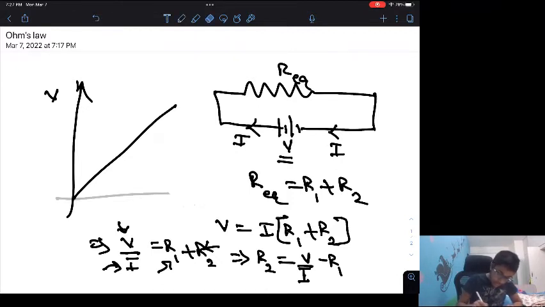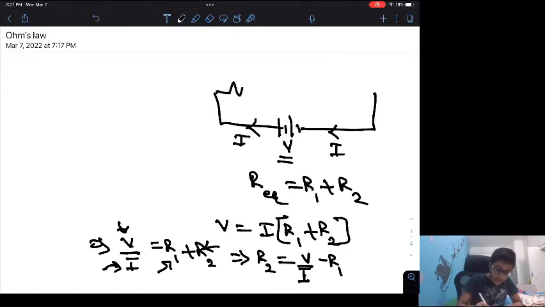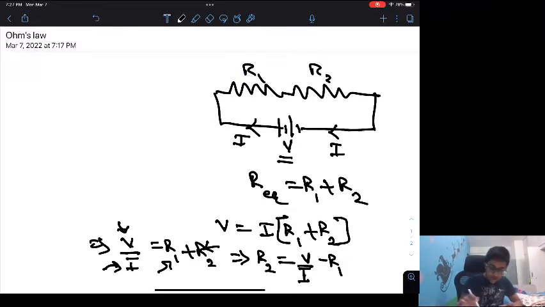Now what we're going to do to get I is something really clever. So let me just get back our original resistors, R1 and R2 right over here. Now we know that the current through R1 has to equal the current through R2, right?